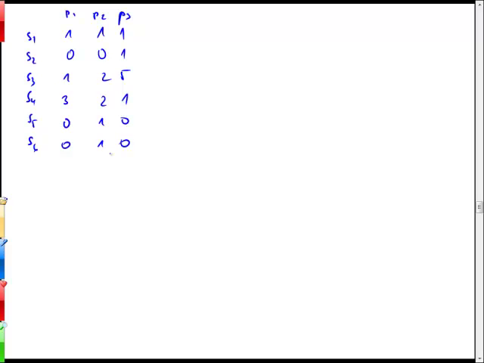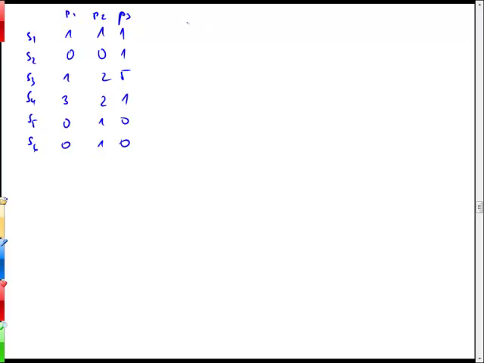Again, what do we have? We have still 6 constraints, and we have still P1, P2 and P3, still 3 problem variables. So the differences are in S5 and S6.